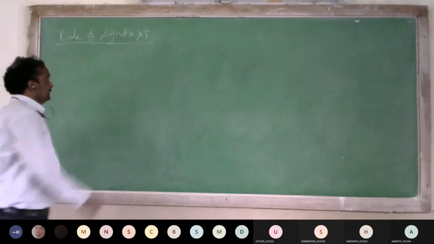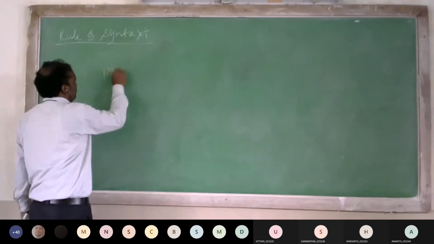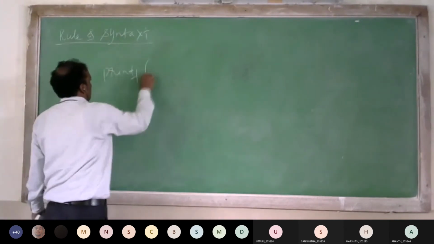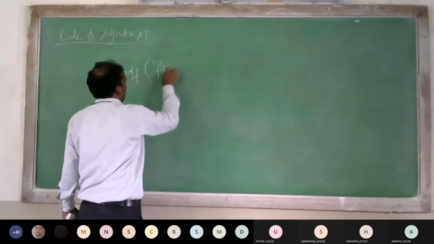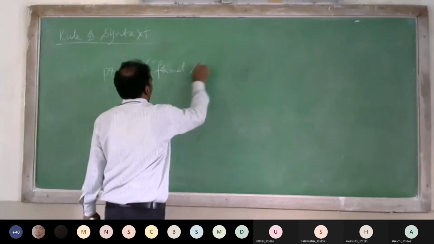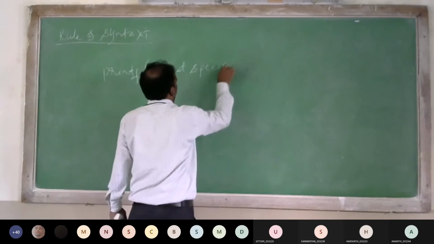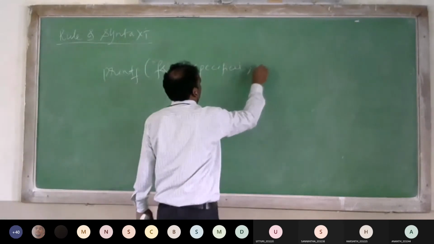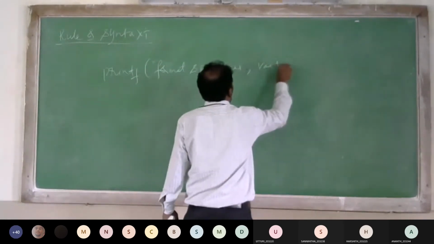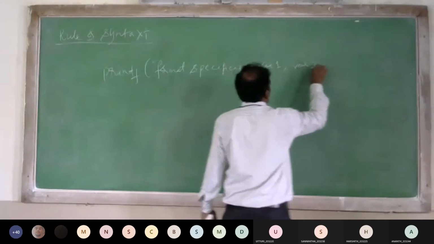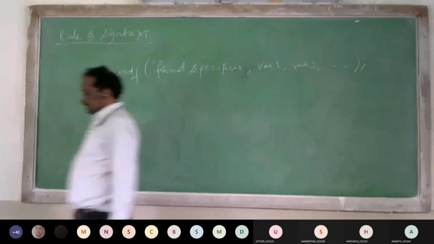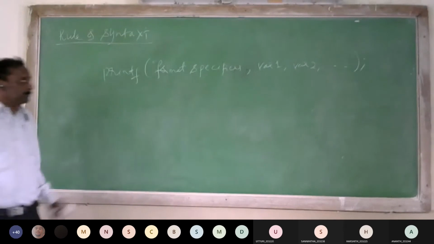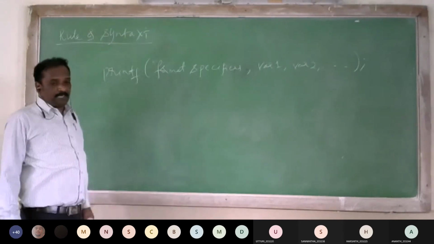So printf, format specifier, comma, variable 1, comma, variable 2, etc. So this is the syntax. This is the rule for using the printf statement.